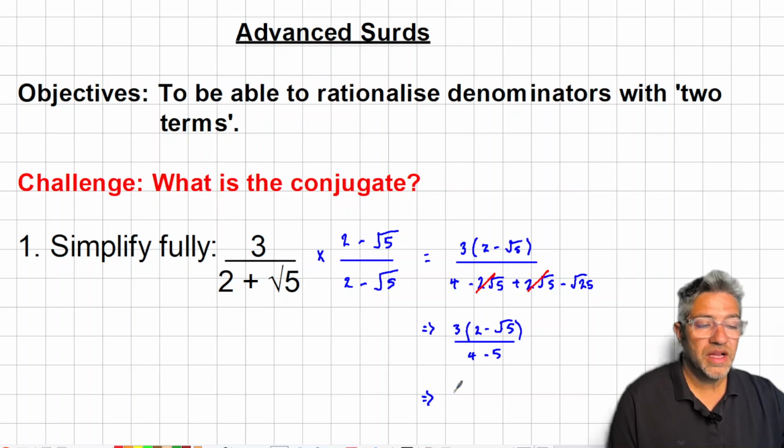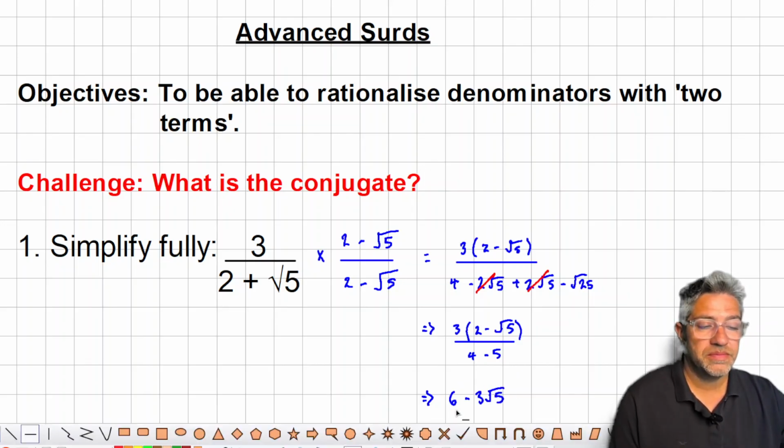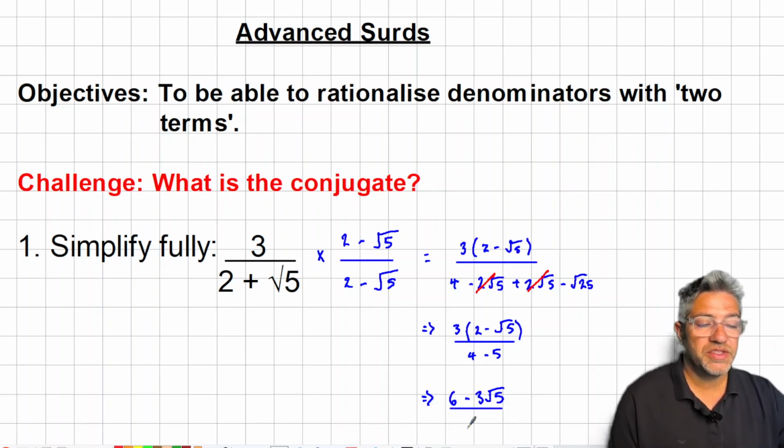At this stage, I am going to make the decision to expand the brackets in my numerator. So that will give me 6 minus 3 root 5 all over minus 1.